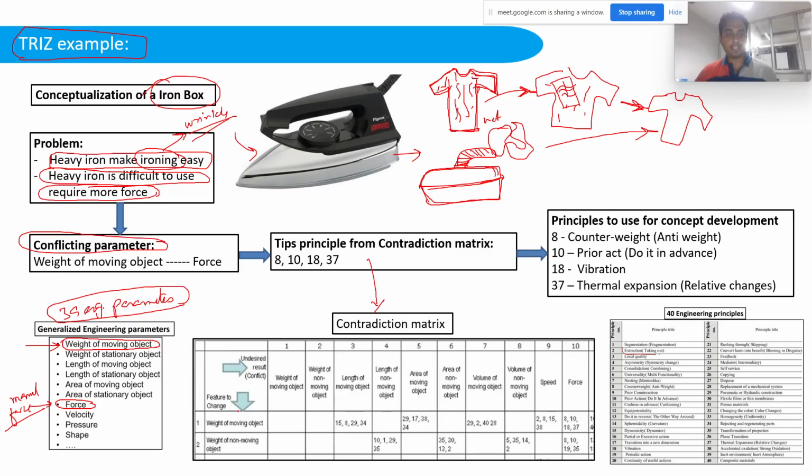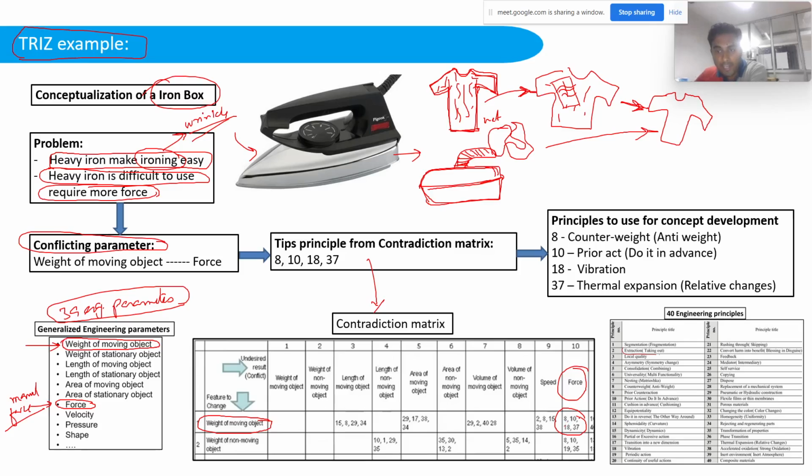Next, you check the contradiction matrix. This matrix tells you that these are the two parameters that are conflicting in nature. Based on this contradiction matrix, you can identify what engineering principles you can consider.